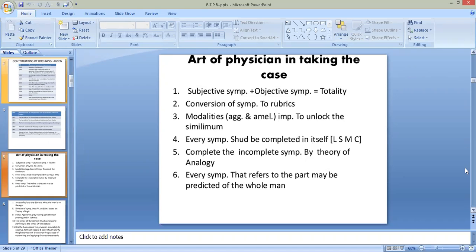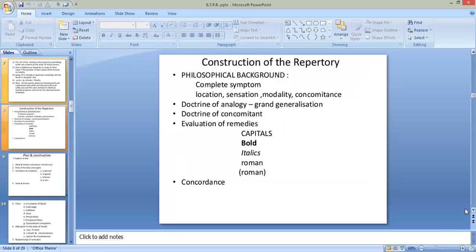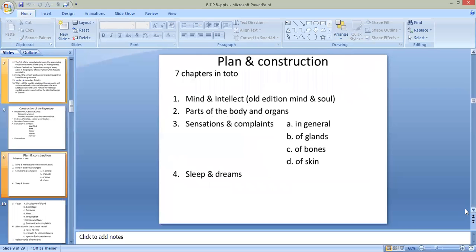There were many remedies present before the time of Dr. Boenninghausen, but he included only a few remedies; only 342 remedies we find in the BTPB, and that was in Allen's edition. Actually, in the original work of Dr. Boenninghausen, there are only 126 remedies.